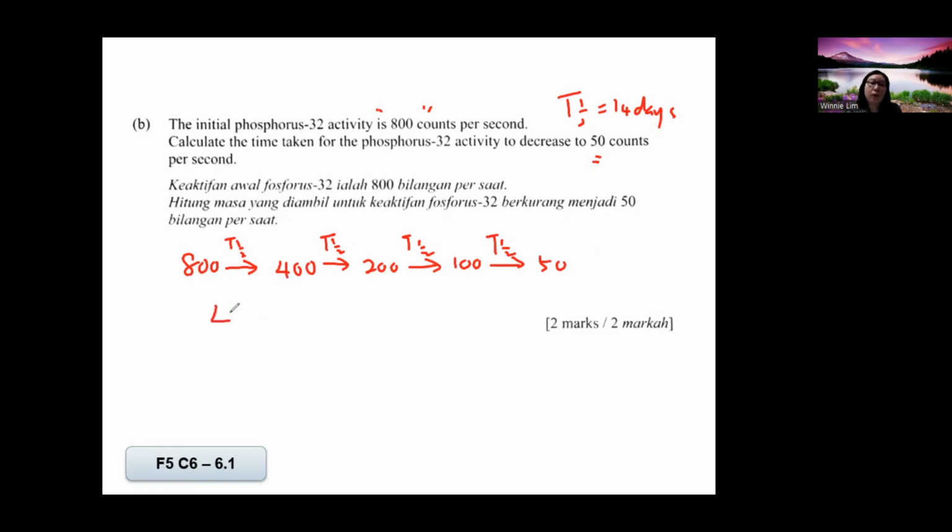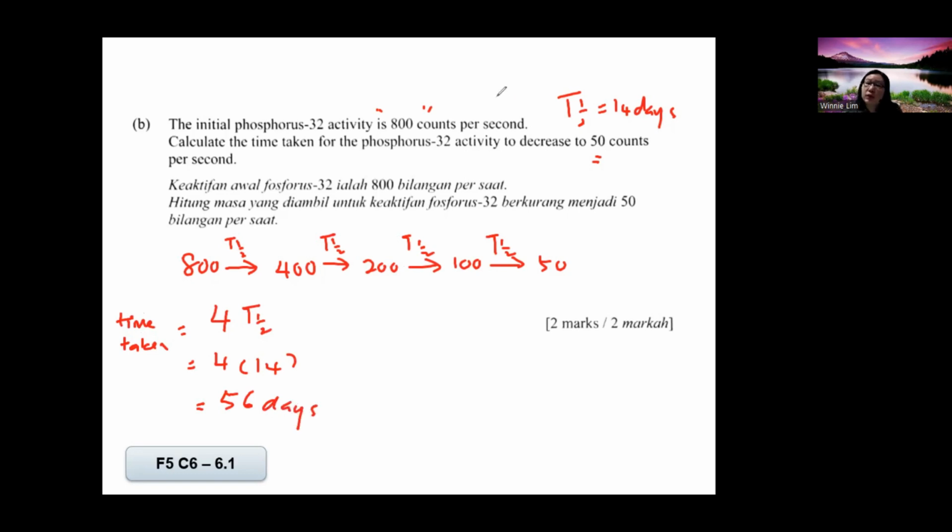So there are 4 half-lives. The time taken is 4 half-lives. Then you use 4 times 14, and you get 56. The unit is days, so you have to write that.